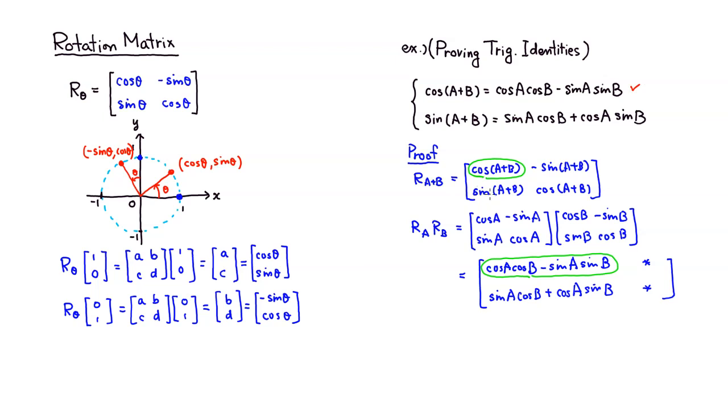And if you look at this correspondence, sine of A plus B is equal to sine of A cosine of B plus cosine of A sine of B, which is the second trig identity. So we can use the rotation matrix to prove some trig identities. That's it. I hope that this was clear.